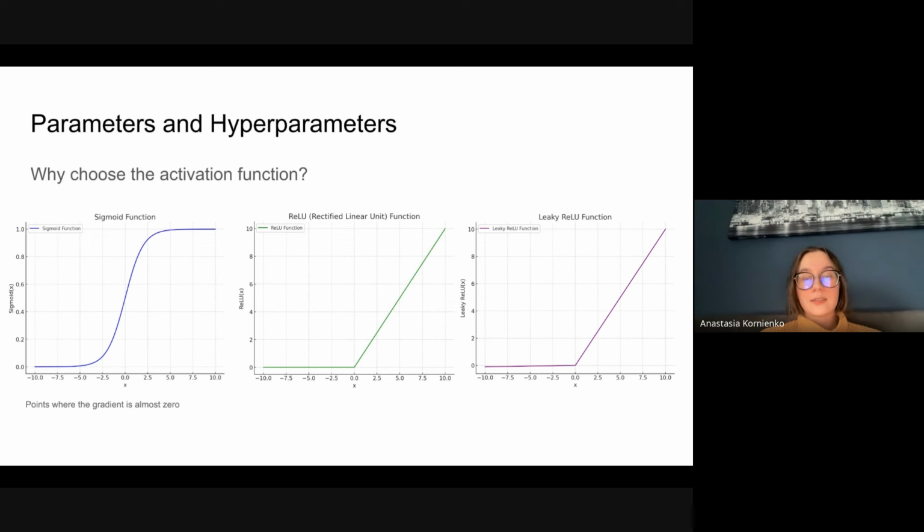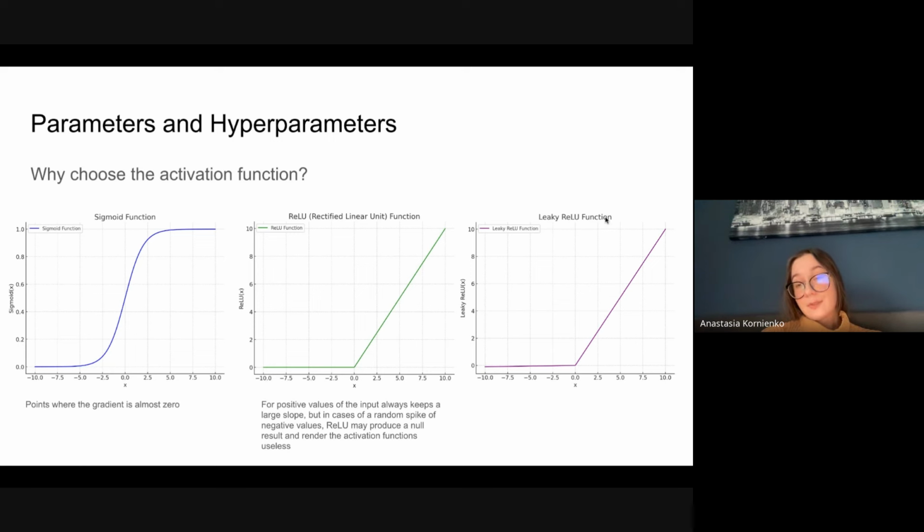But it also has its issues. For negative numbers, it will return zero, and that can make some activation functions useless, and the process of learning also becomes slow.